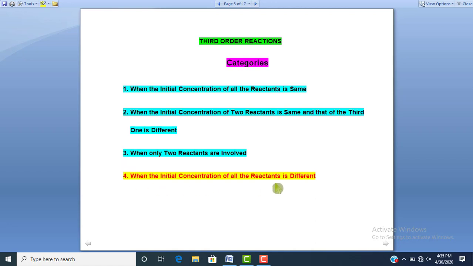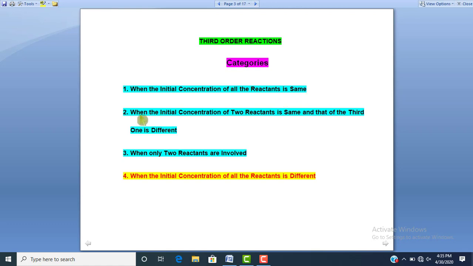Dear students, in my previous lectures, you have studied about third order reaction, that there are 4 categories of the third order reaction. Number 1, when the initial concentration of all the reactants is same.